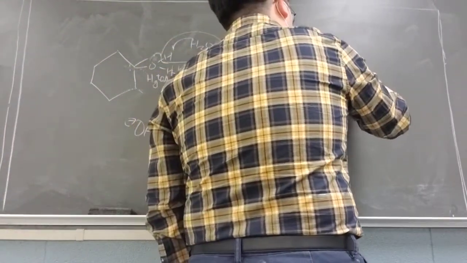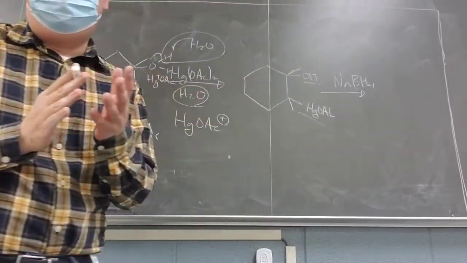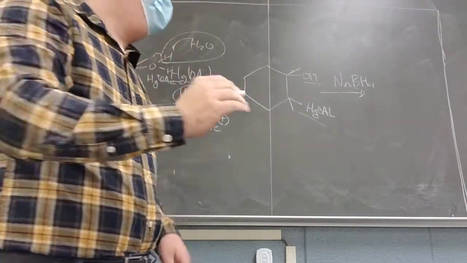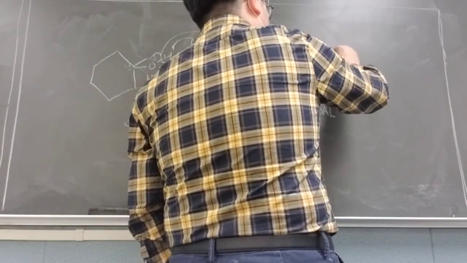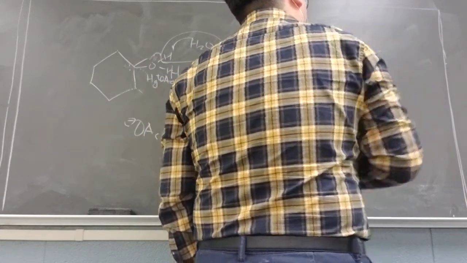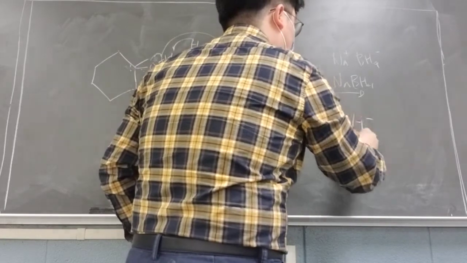Okay. So if you have sodium borohydride, if you remember, sodium borohydride is really good at providing the hydride. Because if you look at the sodium borohydride anion here, this will have a hydride.